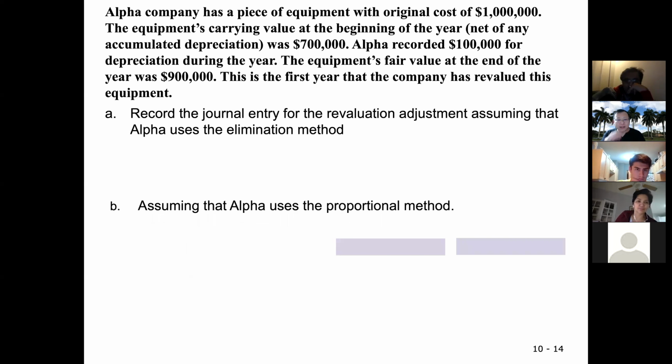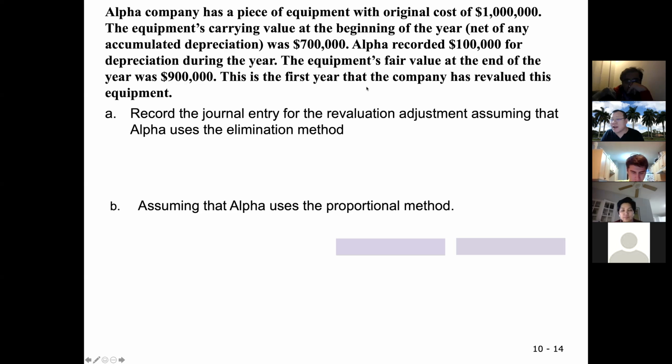Let's take a look at this question. Alpha company has a piece of equipment with original cost 1 million. Carrying value was 700. For that year, they recognized 100,000 depreciation, so at the year end the cumulative depreciation will be $100,000 higher and the carrying value would be 600,000.